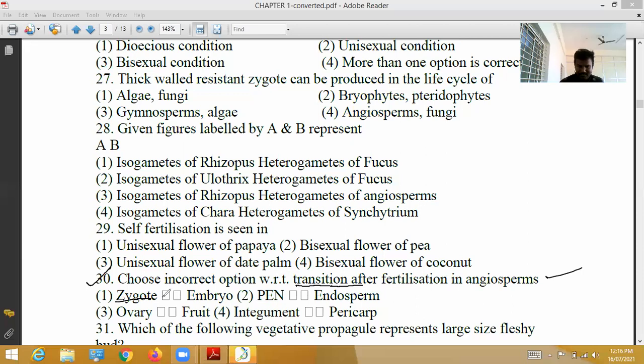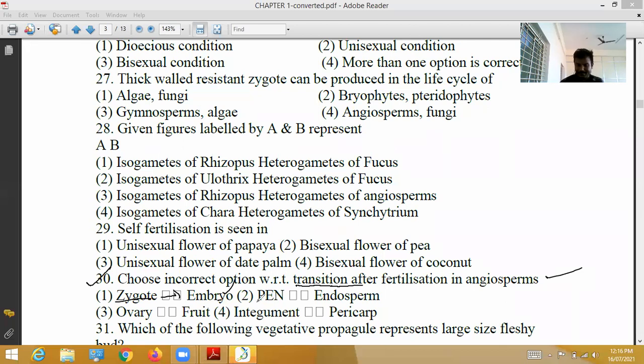Zygote gives rise to embryo. It is correct. In angiosperms, the zygote gradually develops into an embryo. Zygote undergoes mitotic divisions and gives rise to the embryo. We already discussed that the day before yesterday: development of zygote till the formation of seeds.